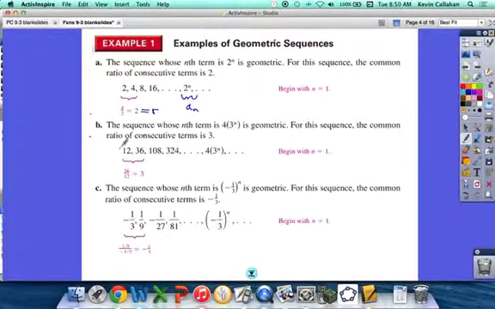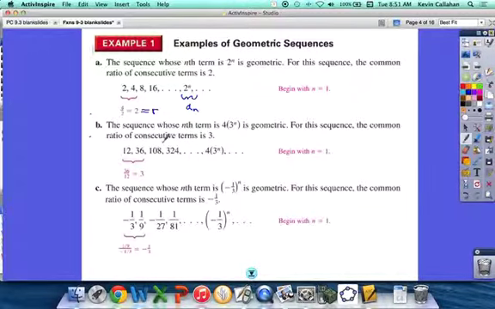Right? Look at this one here. 12 to 36. Okay, well, right away you're going to say that's 3. 12 times 3 is 36. 36 over 12 is 3. So 108 over 36 is 3. These are numbers we wouldn't really have rolling around our brain, not like the ones we clearly recognize. 324 over 108. Every one you can verify.